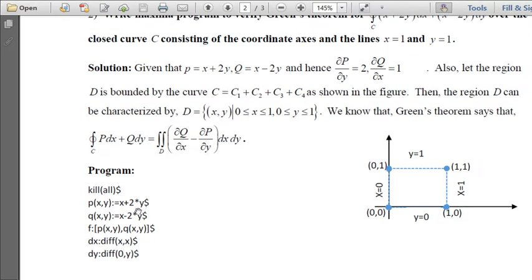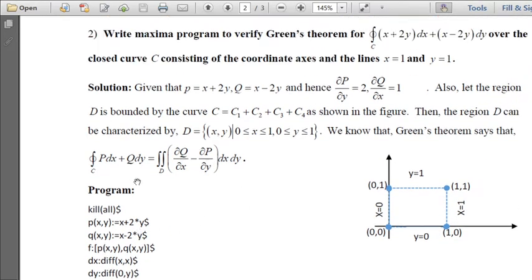Now let's write a program for this. What is your P? So call P of xy as a function. We'll apply assignment operator: x plus 2y, and q of xy is x minus 2y.